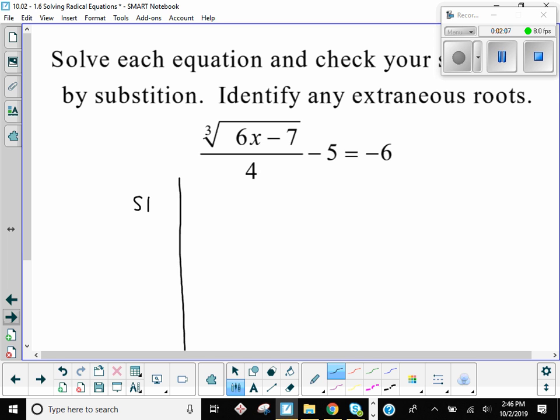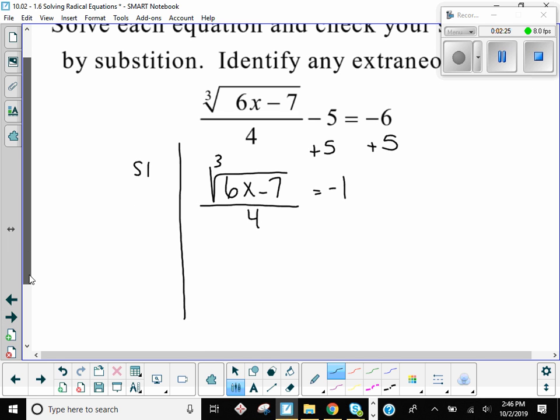Which one will I undo first? The 5, right? So add 5 to both sides. So that leaves me cube root of 6x minus 7 over 4 equals negative 1. And then what?